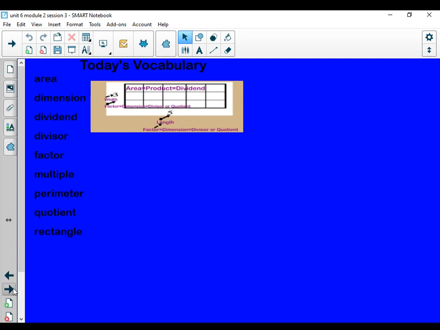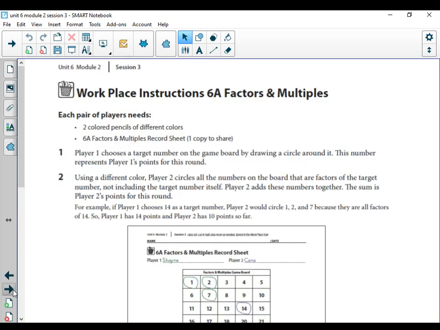Here's one way we can remember what factors and multiples are, even though you're not going to have this at your workplace. We did something similar to this at the beginning of fourth grade. Remember, factors are the numbers you multiply times each other to get to a number.